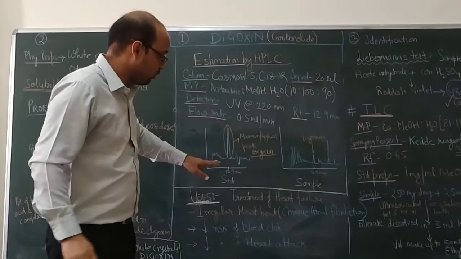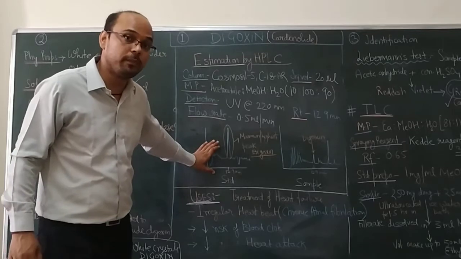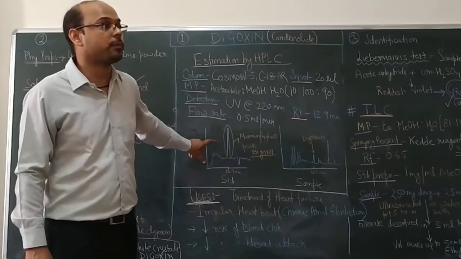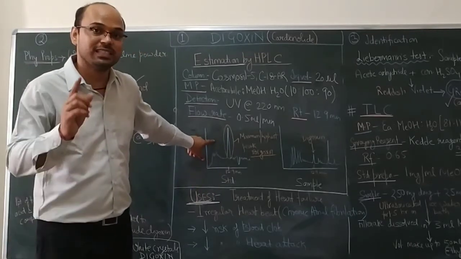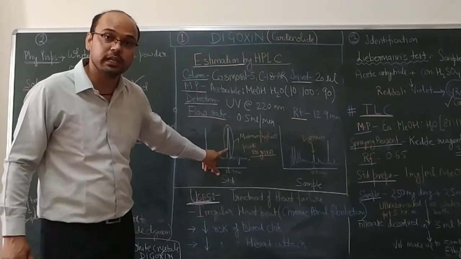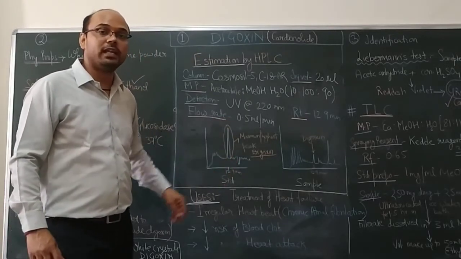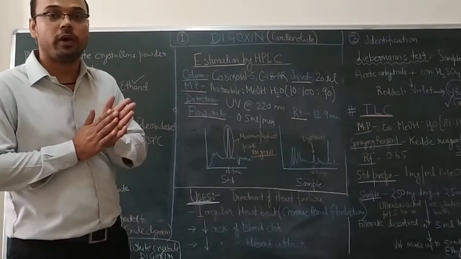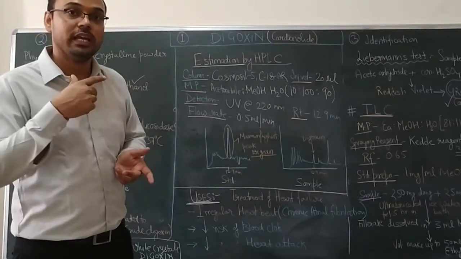You can see from this chromatogram, this is the chromatogram for your standard, and you can see that the highest peak was observed at a time period of 12.9 minutes after the injection.